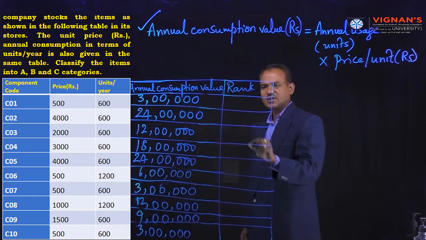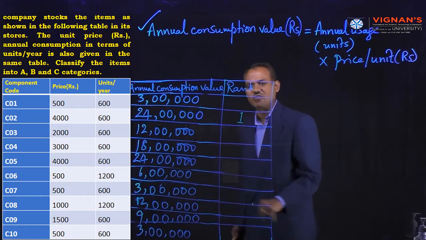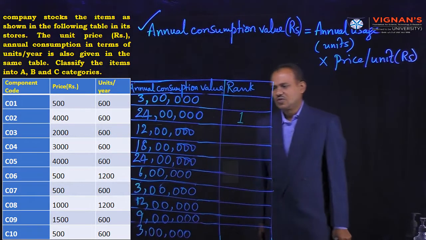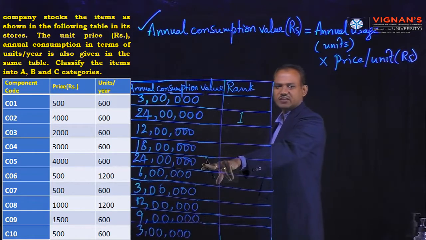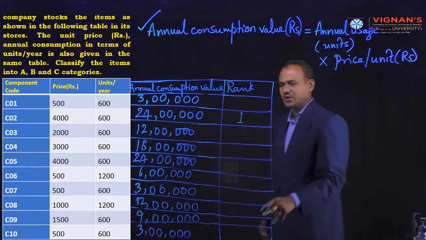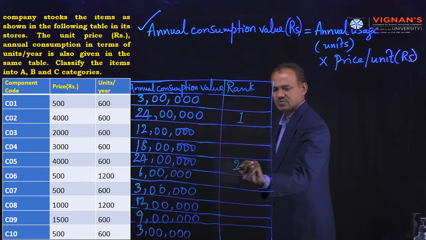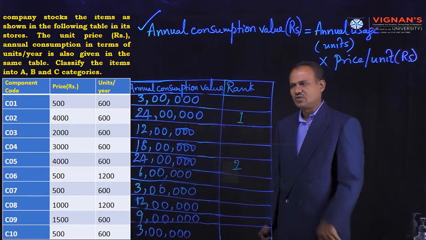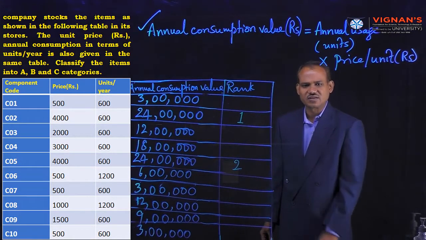Therefore, first assign rank 1 to C02. This is rank 1. Next, same annual usage value is there for component 5. Therefore, next rank is 2, second rank. Okay. So component 2 is over. Similarly, component 5 is also over.